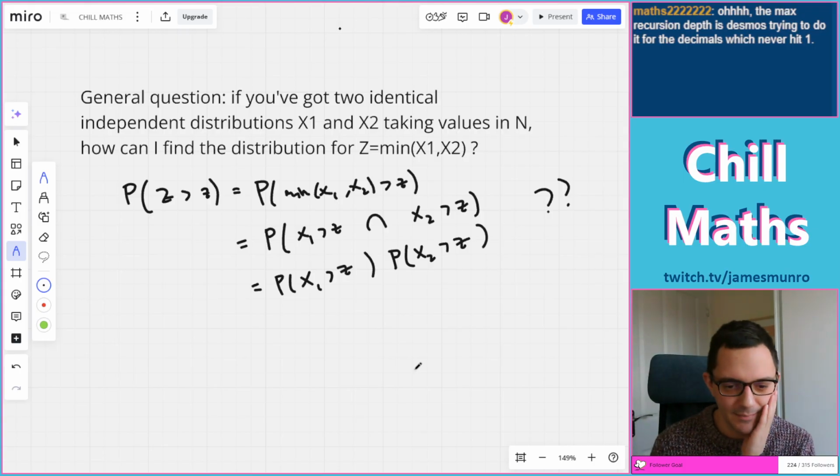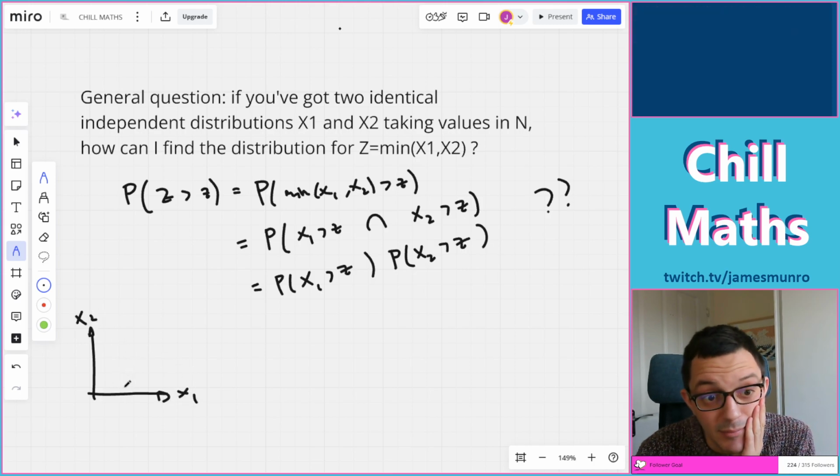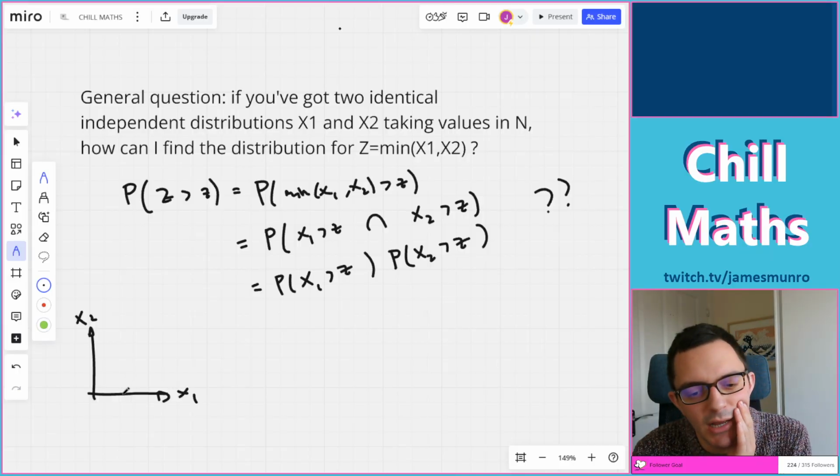It's sort of like, what do I think? How do I think minimum works in the x1, x2 space? Minimum is like rolling with disadvantage. Probability that the minimum is 3. So the minimum being 3 would be you're somewhere along this region.